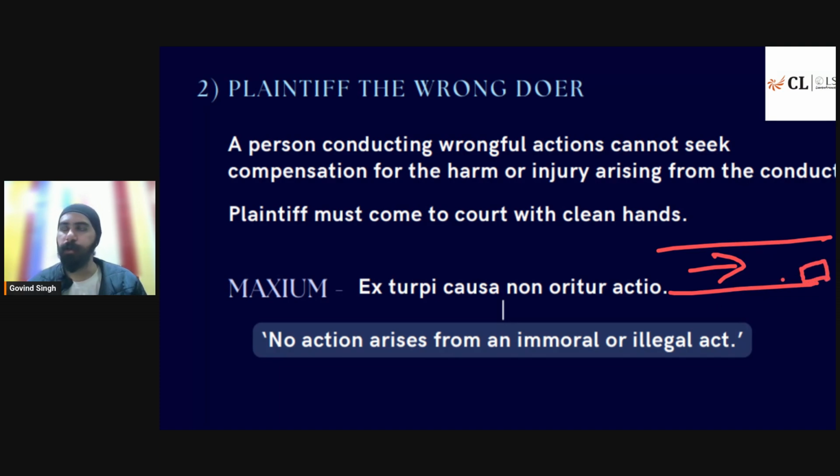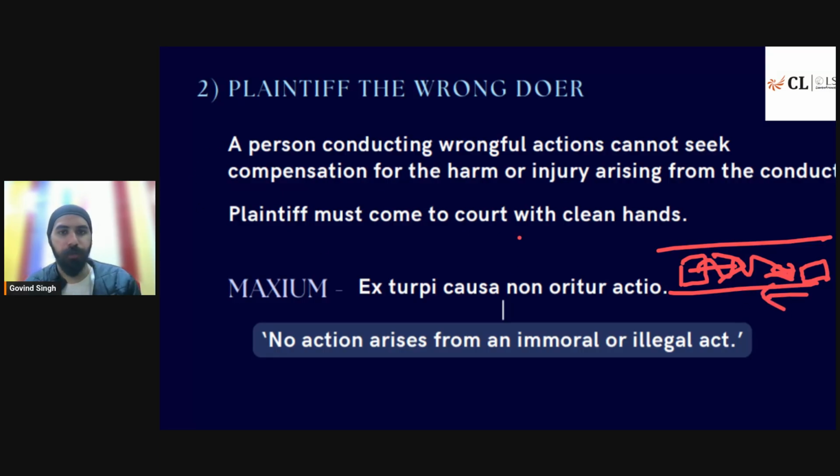You have your headlights on, you are blinking your horn, but you are coming in the wrong direction on a one-way road. And there is a guy who is drunk and driving his car, and due to his drunk driving he rams into you. So you can say that, okay, now I have suffered injury or my car has suffered injury, so I should be able to claim compensation from a drunk guy. No, you are also the wrongdoer for coming into the lane from the wrong side.